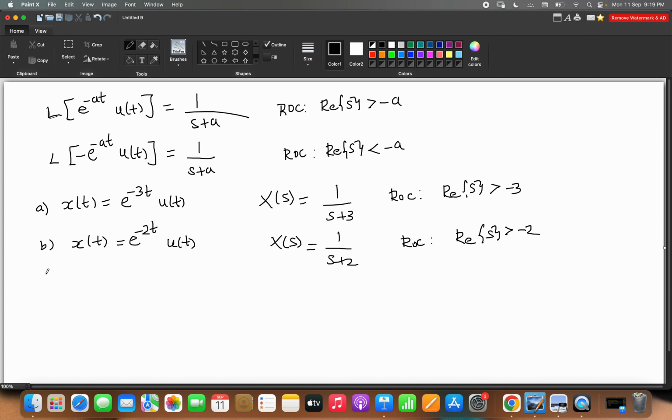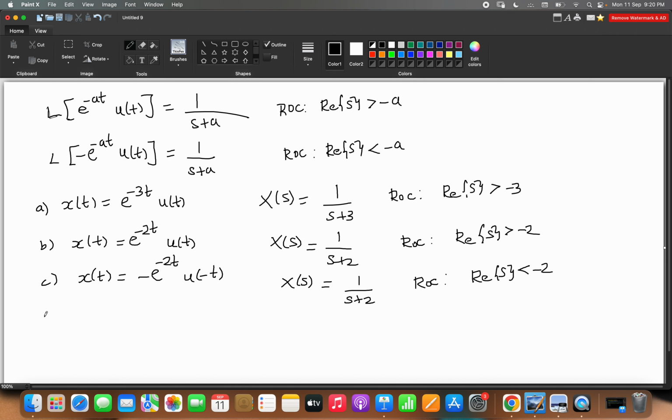If you are having the other version, x of t equal to minus e power minus 2t u of minus t, then x of s will be 1 by s plus 2 only, and the ROC will differ. So ROC will be real part of s is lesser than minus 2.